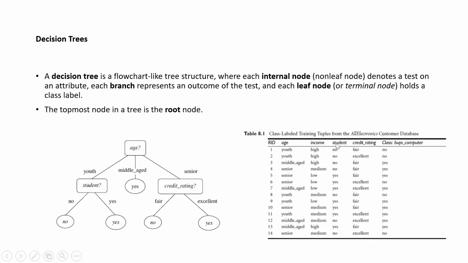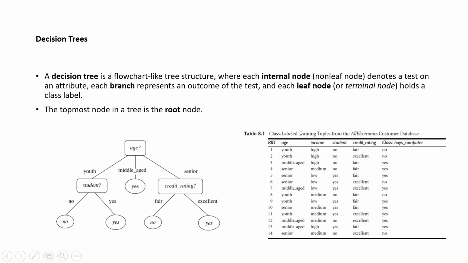The data represent people who would like to buy computers from an electronics store, and the person can be a student or not. He can have a credit rating of good, fair or excellent, and finally this is the actual class label. From this data we want to build a model that will predict whether a particular person will buy a computer or not.